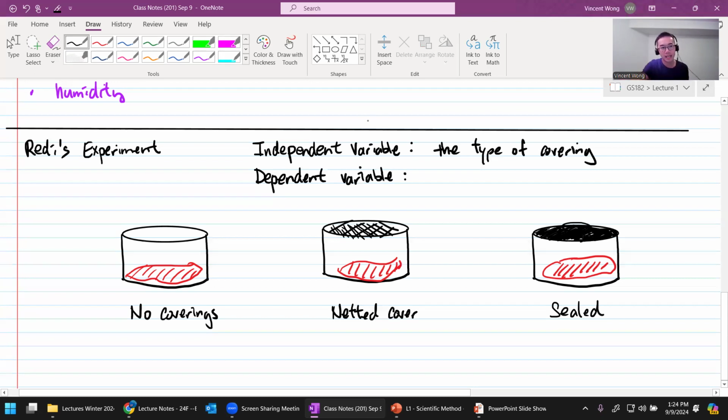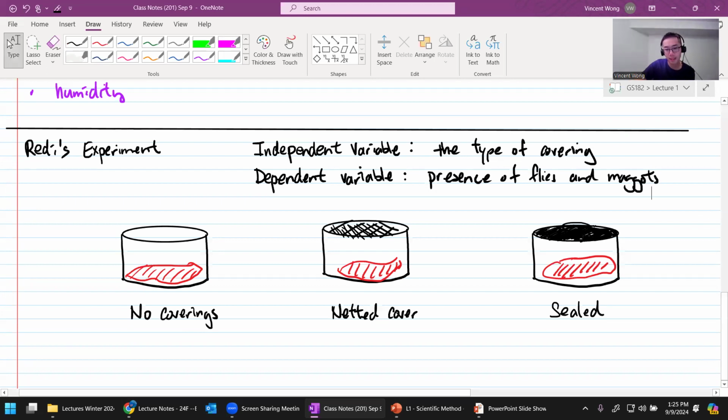He left these things outside for a week and then came back to it. What was he looking for? Yeah, he's looking at what happened to the meat, specifically flies. Exactly, he's looking for the presence of flies and maggots.